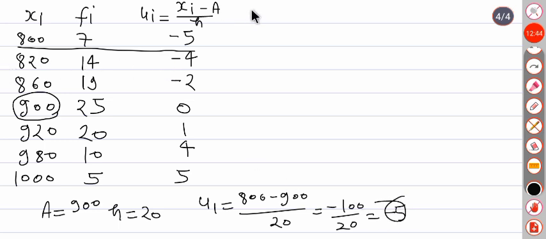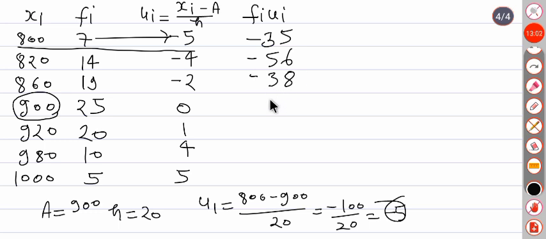Now you calculate fi ui by multiplying: 7 times minus 5 is minus 35, then minus 56, minus 38, 0, 20, 40 and 25.